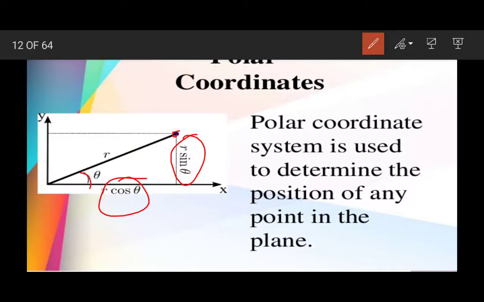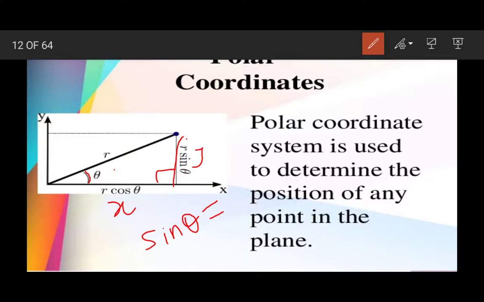Suppose this angle is theta, and this is a perpendicular. So this is the y distance, this is the x distance, and this is r.